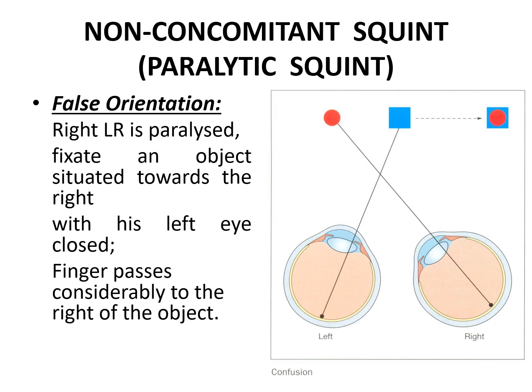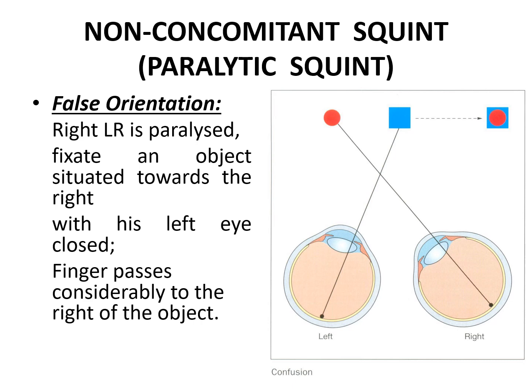In case of paralytic squint, there is false orientation. Here in this picture, you can appreciate that the right eye is deviating inward due to paralysis of the right lateral rectus.